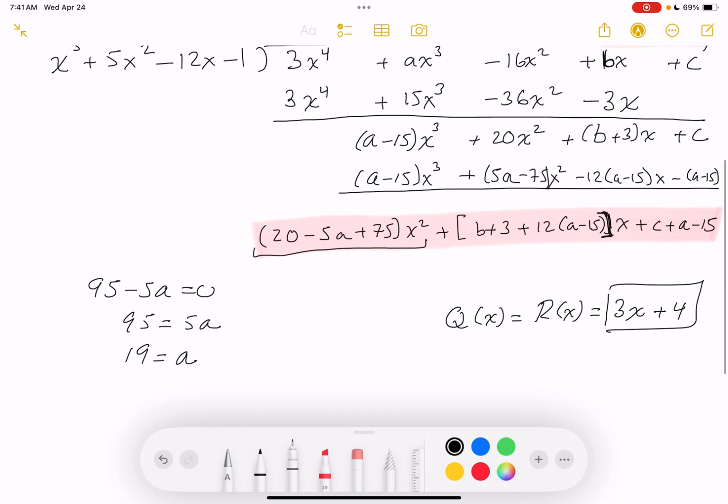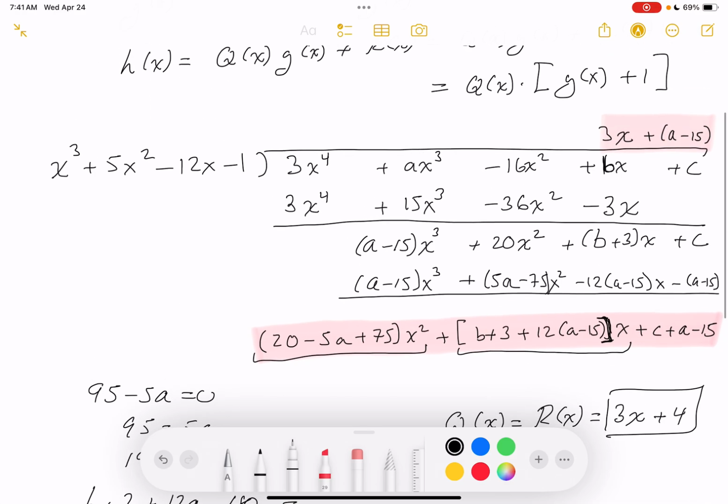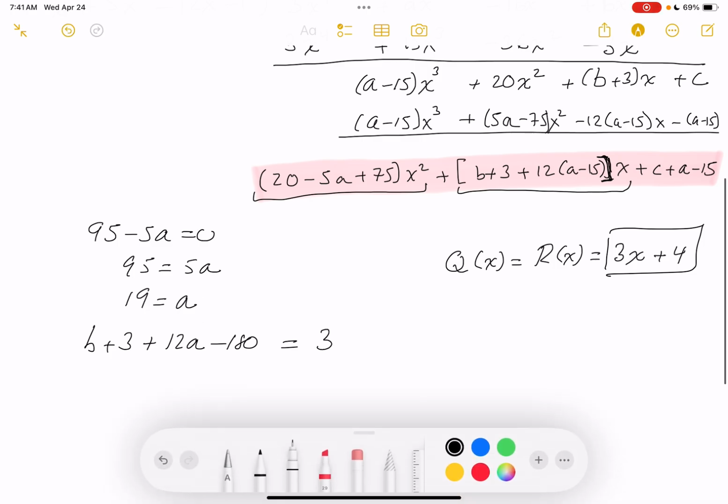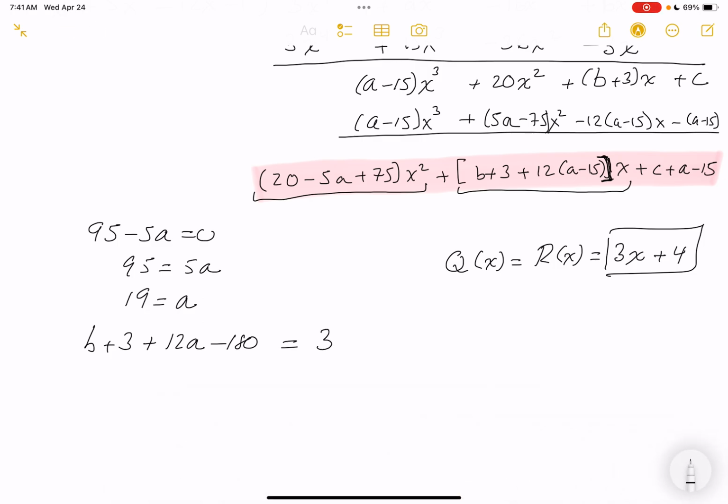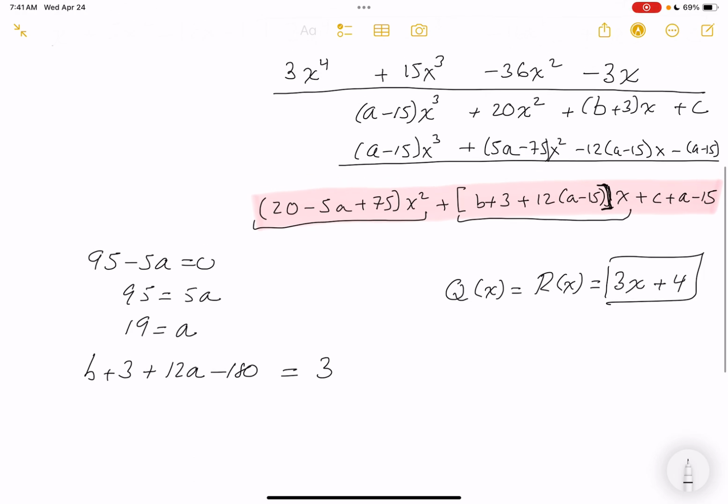Let me put the b down, and it's going to be b plus 3 plus 12a minus 180. I'm doing this over here, by the way, and that's x. So what's x equal to? Well, the coefficient is 3, all right? Let me see if I did that right.